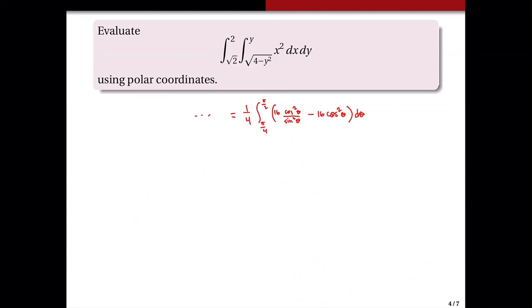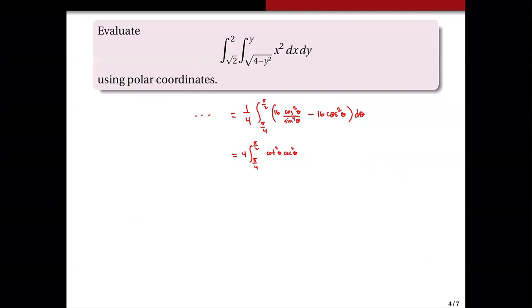We can bring out 16. So we'll just have 4 integral from pi over 4 until pi over 2 of cosecant squared theta over cosecant to the 4 theta, that's equal to cotangent squared theta times cosecant squared theta.